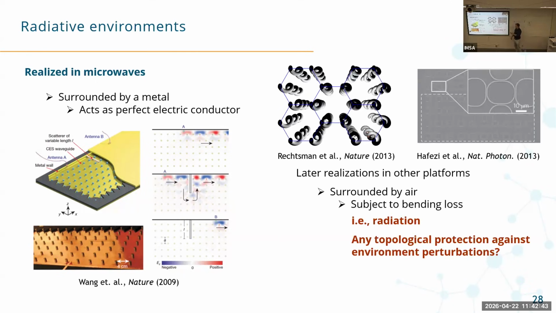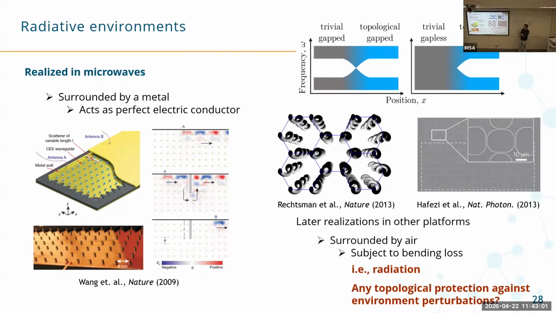Later realizations in, say, helical waveguides or ring resonators are surrounded by air and not a metal, so not an open boundary condition. These will have this exact problem I was discussing of light radiating through space. They will radiate. So these do not, I would argue, represent the classic example that we expect from condensed matter, where I have a gapped material next to a gapped material and some interface between them where I have states. They look like a trivial gapless material, that's air, next to a topological gapped material.